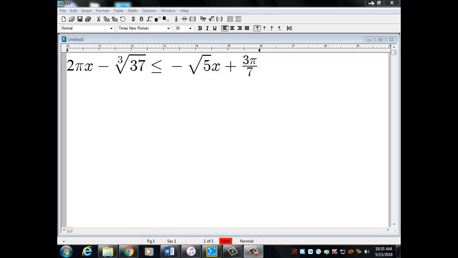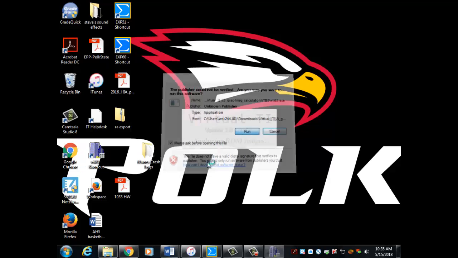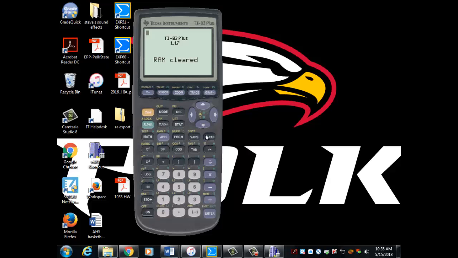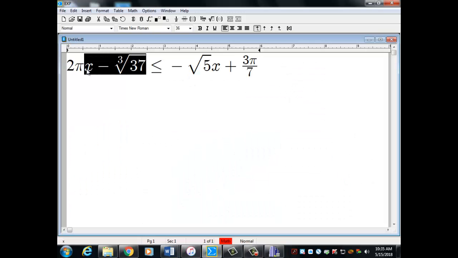Now, how do you get to the calculator? We got to go here. We're going to go to y equals. And what we're going to do is we're going to type in this piece as y1. Right? So we're going to take this piece and we're going to do y1.